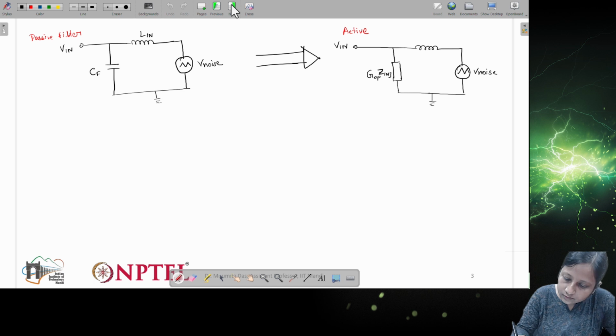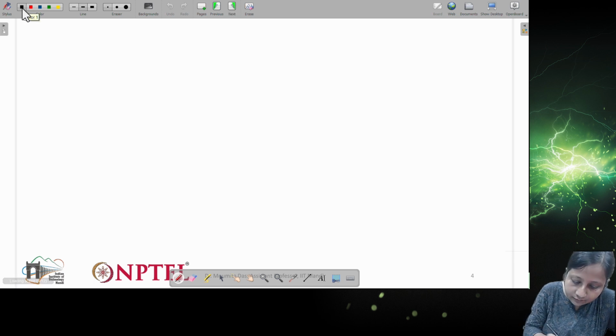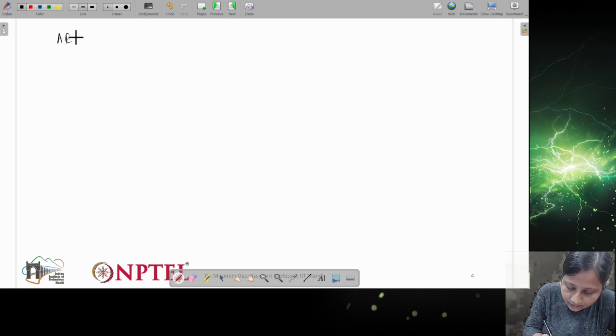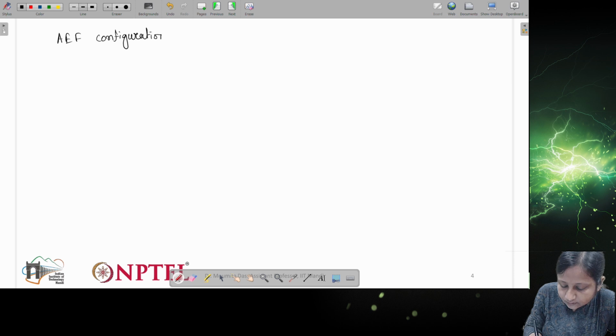Okay, so let's see how this active filter implementation can be done. I'll show you in detail how this diagram looks. Active EMI filter configuration, right?